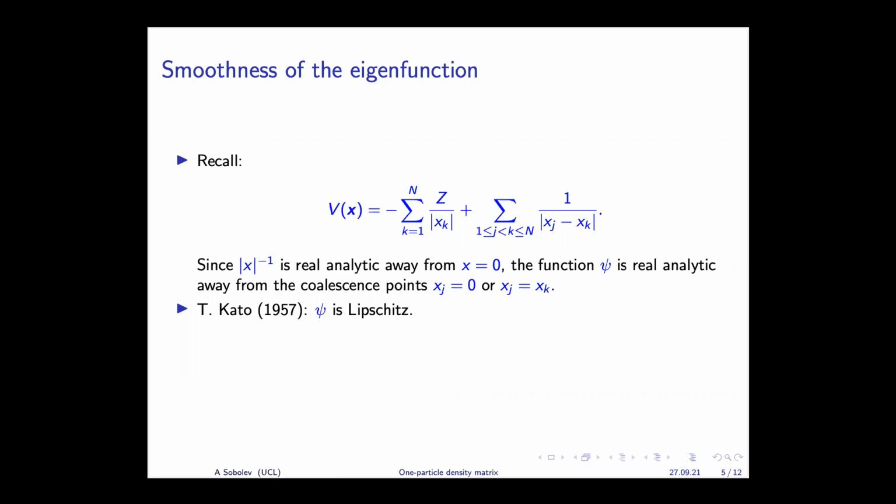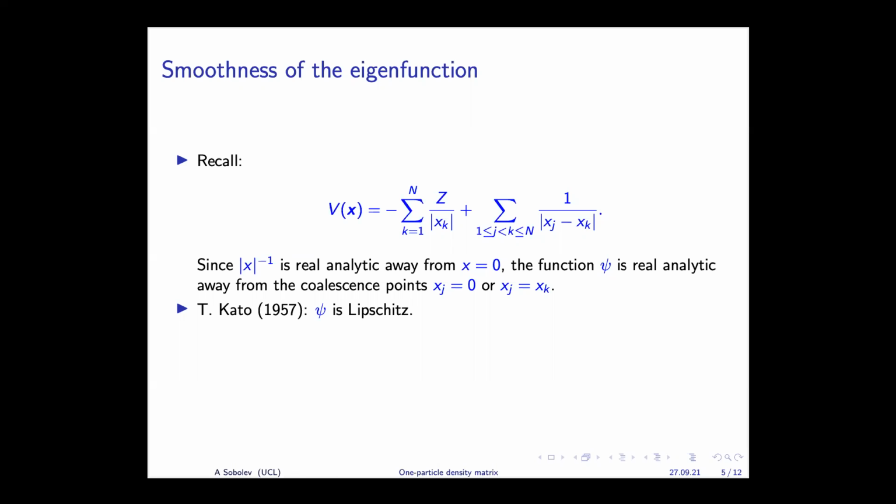And using the fact that all these potentials are Coulomb potentials, and the Coulomb potential is a real analytic function, at least in three-dimensional space, by the elliptic theory, the eigenfunction is also real analytic away from singularities. So where you have smooth Coulomb potential, you have real analyticity of the function psi. This is, one can say, a standard result.